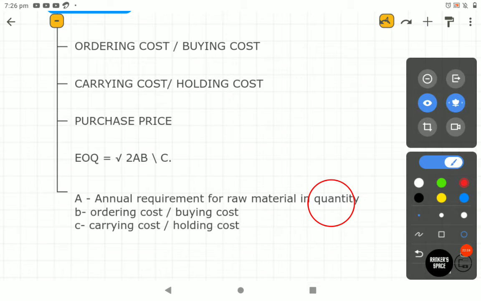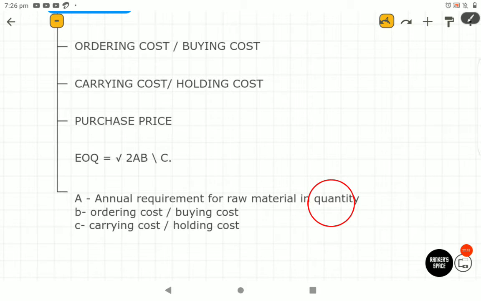I've not mentioned it here, sorry. It should be per order. Okay, buying cost or ordering cost per order only you should take.